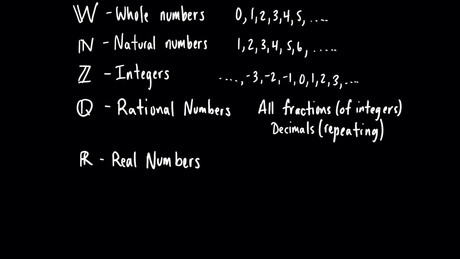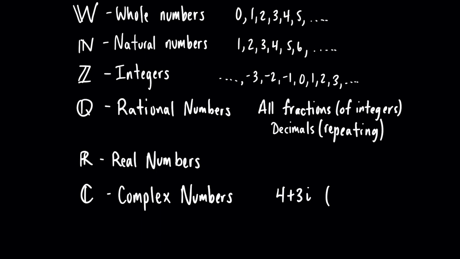All right, the last one I want to talk about is the complex numbers. These numbers have a real part and an imaginary part. So they'll have like 4 plus 3i, where i is the imaginary number, which we will get into later this year.